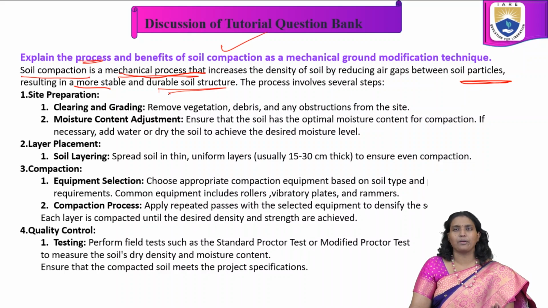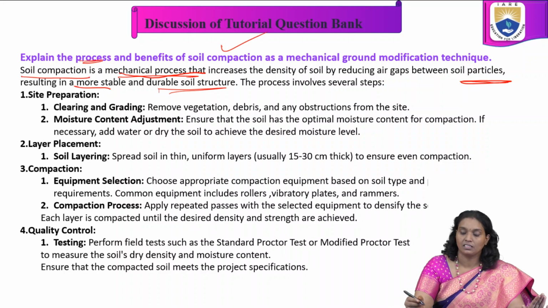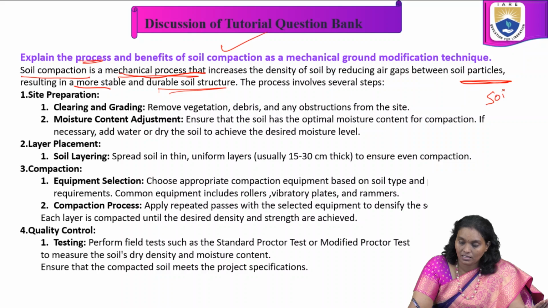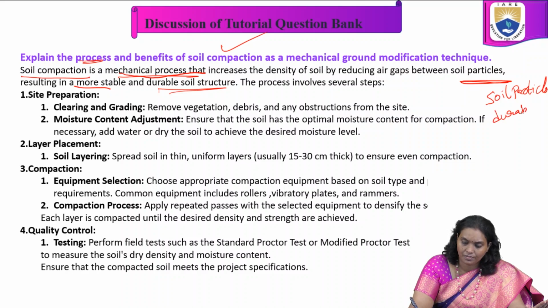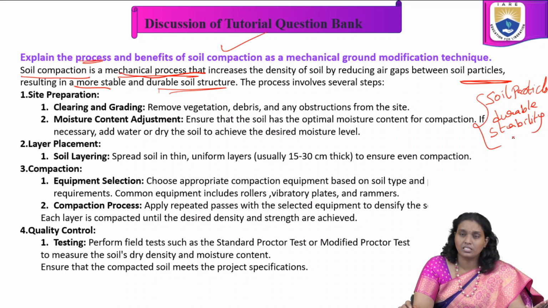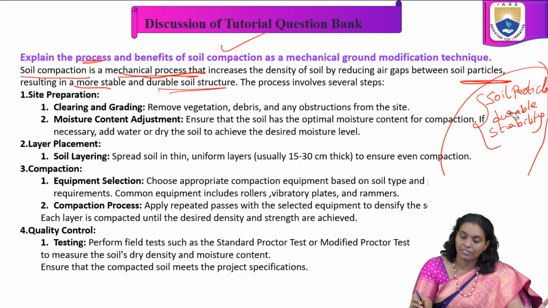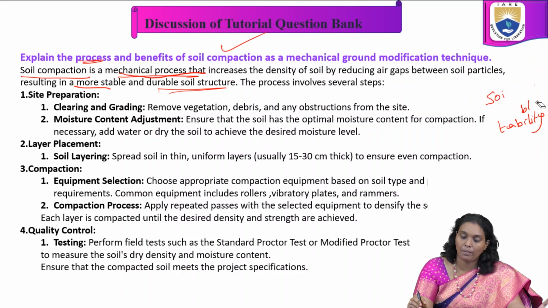Here the important terminology is soil particles, stability, and durable soil structure. For any marks, whether 2 marks or 3 marks, this terminology is important. After that, the explanation depends upon the number of marks.